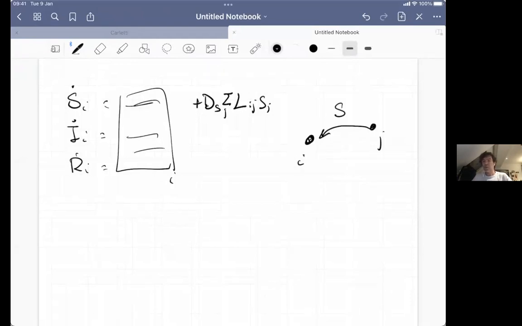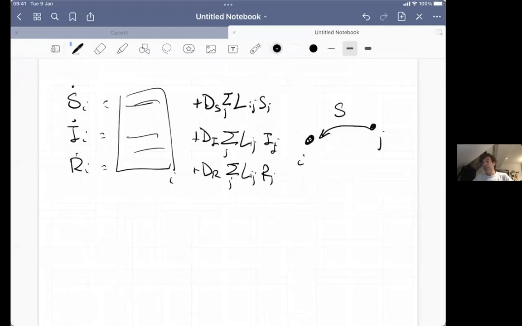Then you have the same equation for the others: with some speed, infected people also move, and the recovered also move. So this is really the basic model that you could write.